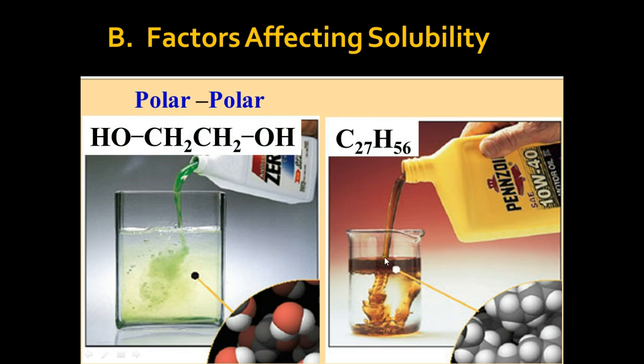But this substance is nonpolar because it does not dissolve in water. So remember, if it's polar and polar, like water and some other substance, then they dissolve. But the second one is polar and nonpolar, so they don't dissolve, and that's why it's separated and it floats at the top.